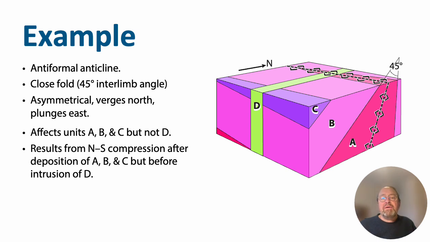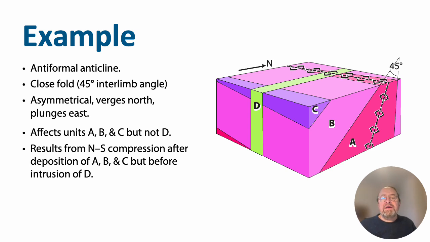It's not standing upright. One side of the fold is not a mirror image of the other. And we see that because the fold axis is inclined, dipping towards the south, we know that the vergence of the structure is towards the north, and moreover the plunge here is towards the east.